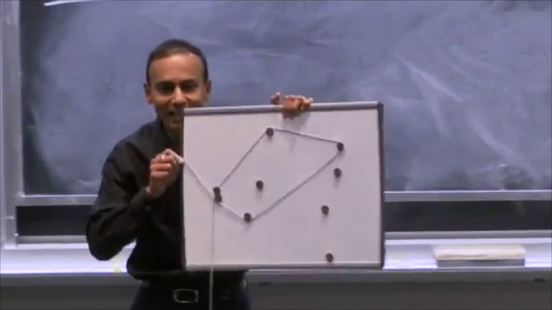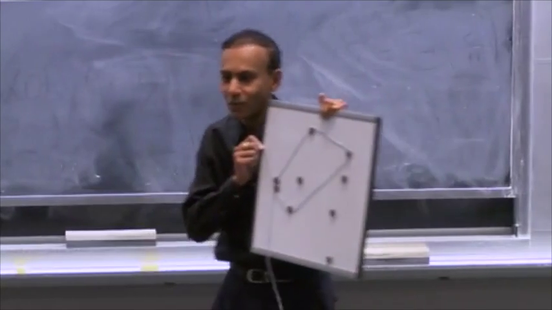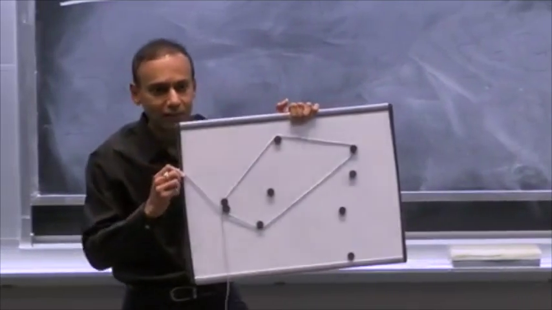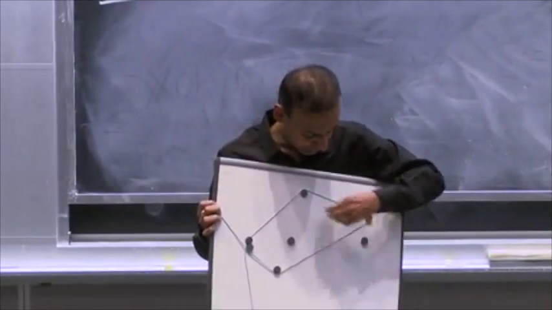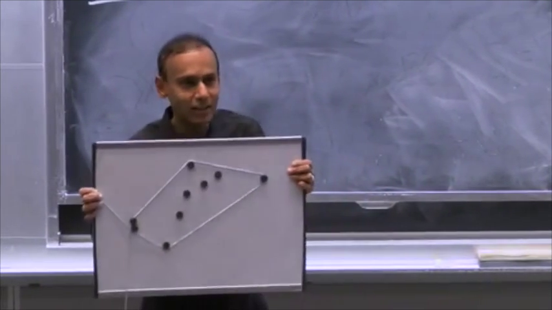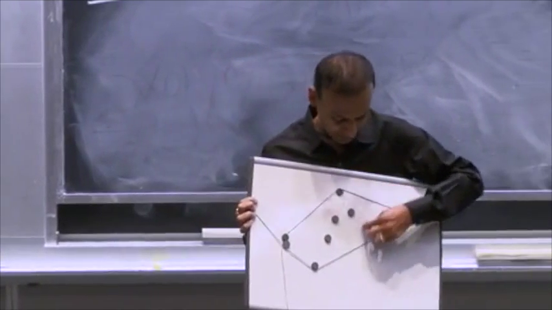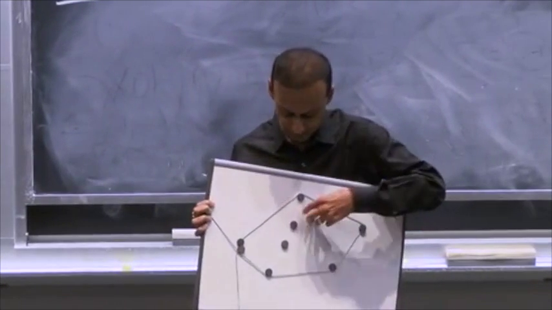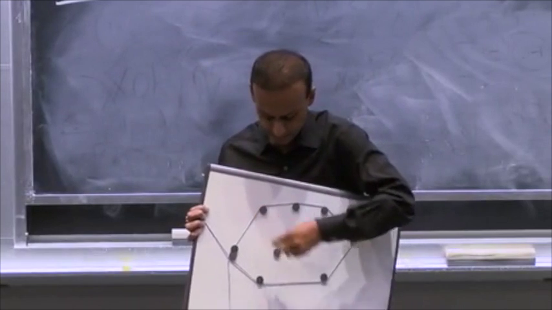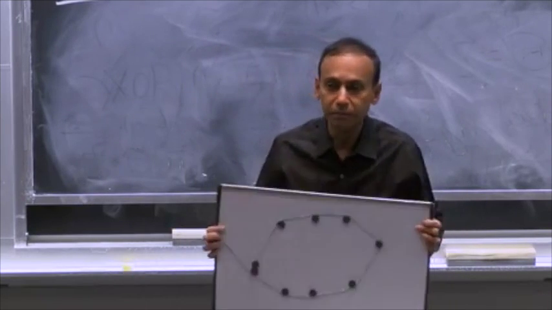Okay, this is not a convex hull for the reason that I have a bunch of points outside of the hull. All right, so let me just. That is a convex hull. Okay, and now if I start stretching like that, or like this, or like that, that's still a convex hull. Okay, so that's the game.